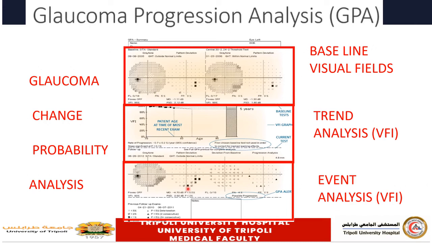And the third zone is the event analysis. Generally, you need at least 5 visual fields to perform this progression analysis: 2 as a baseline, and another successive 3 visual fields to do the trend analysis and the event analysis.